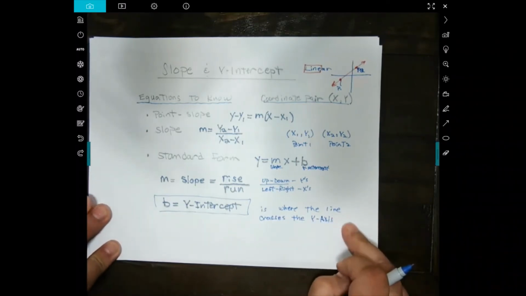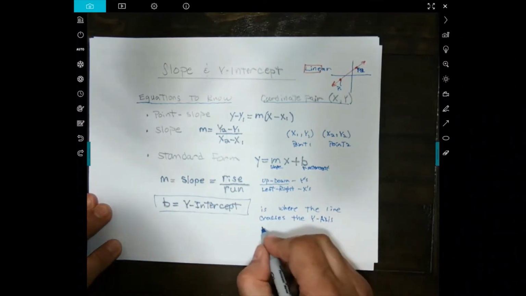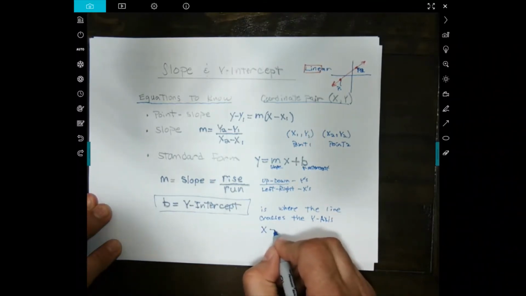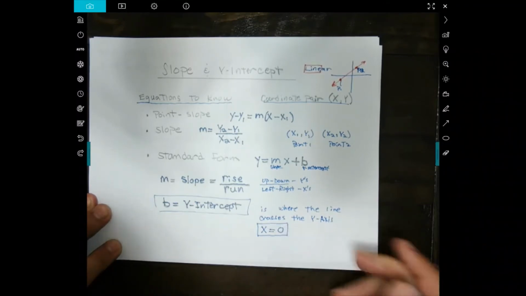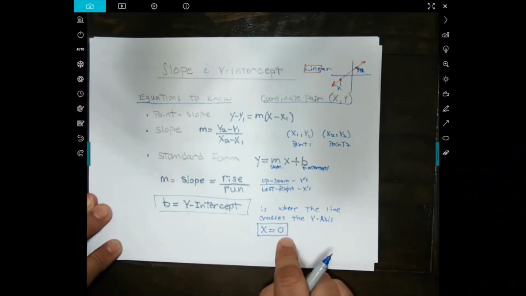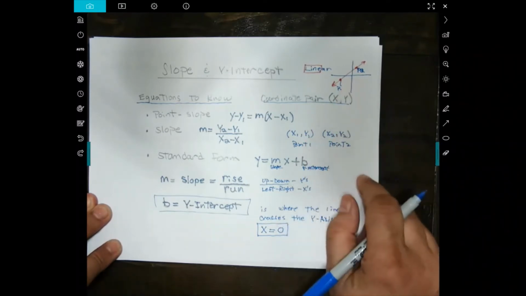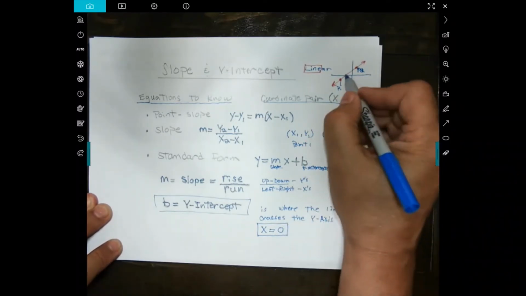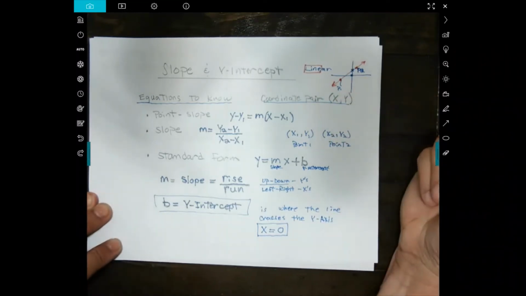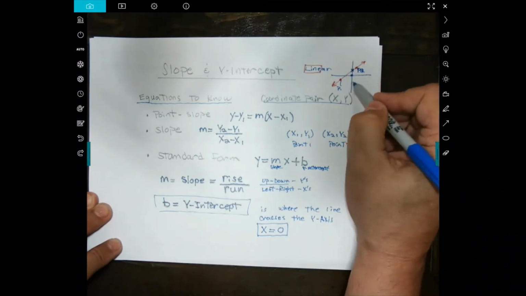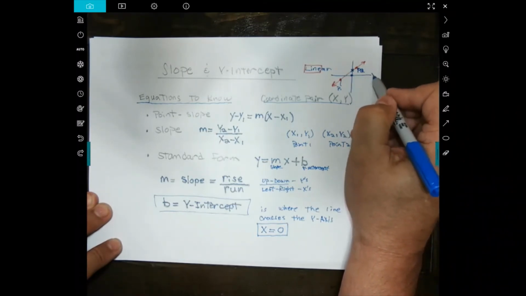And when it crosses the y-axis, x is always equal to 0. That's true every time. Wherever x equals 0, there you're going to find the y-intercept. So you notice from my little example up here, here's the origin at 0. The y-intercept is right above it, or it could be below it if the line is below the x-axis.